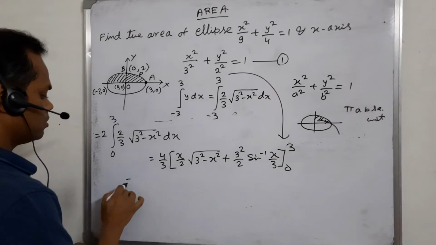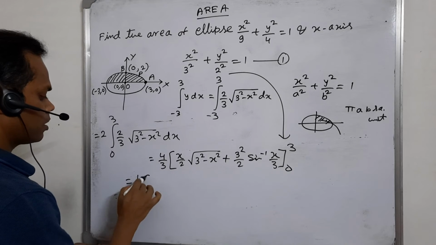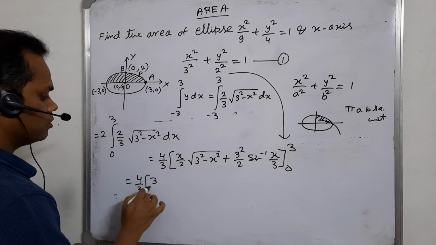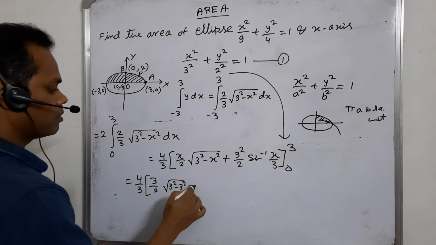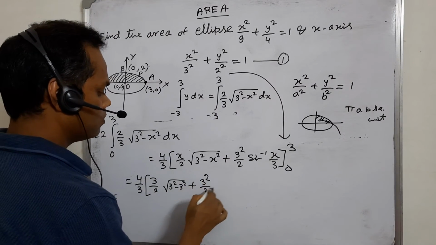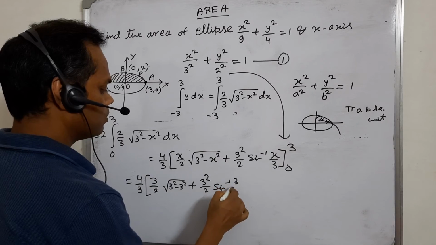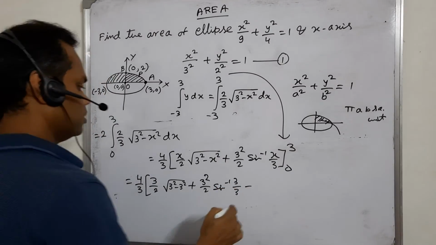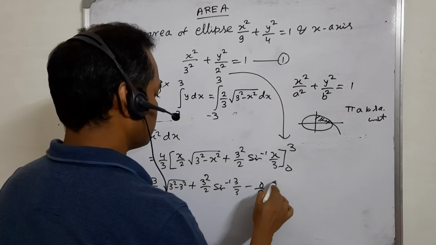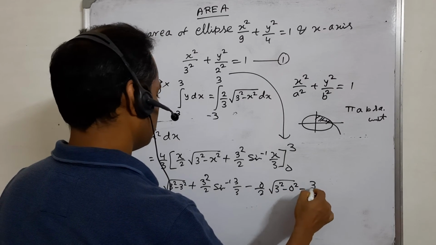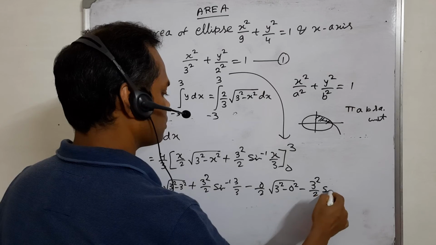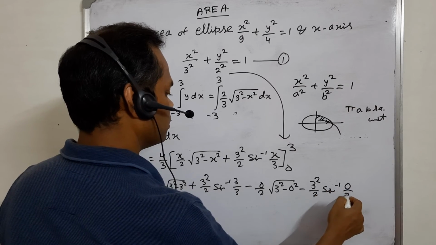This becomes 4 by 3 times 3 by 2 root over 3 square minus 3 square plus 3 square by 2 sin inverse 3 by 3, minus 0 by 2 root over 3 square minus 0 square minus 3 square by 2 sin inverse 0 by 3.